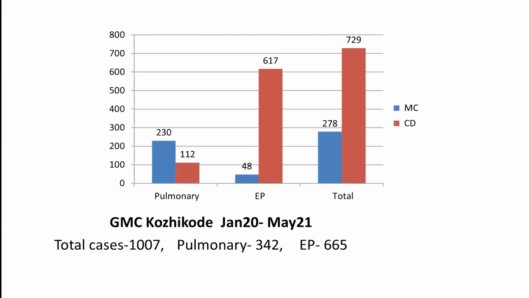Out of this 342, 230, that is more than 2/3, had a microbiological diagnosis. Whereas out of 665 extrapulmonary tuberculosis, only 48 had microbiological diagnosis. So that is around 7%.